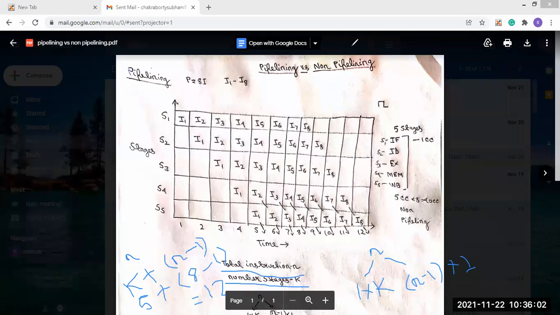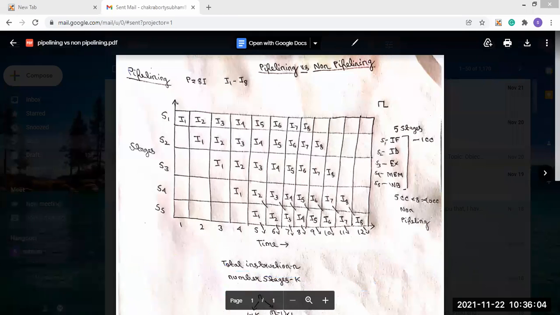Okay, so this is the concept of pipelining. But theoretically it is possible that in each clock cycle an instruction gets executed, but practically it is not possible. Why is this not possible? This is because of some hazards.